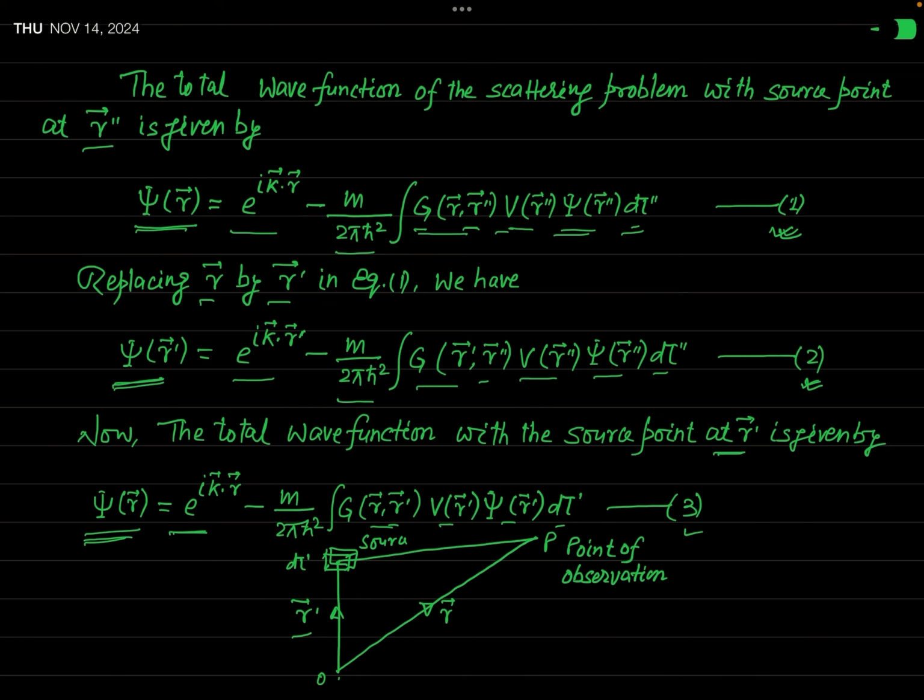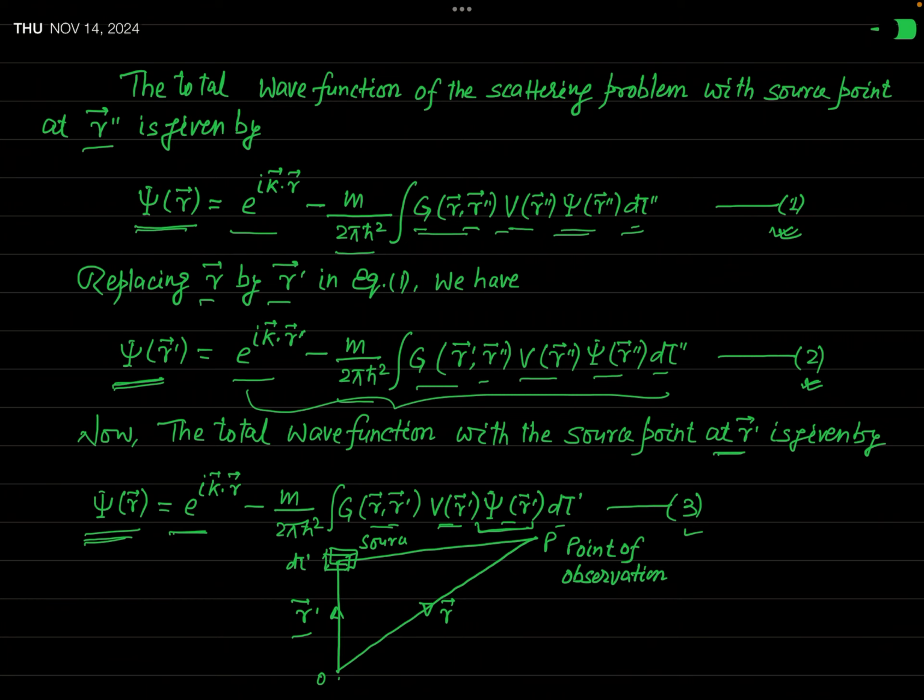And in the second term there will be m over 2 pi h bar square integral of G of r comma r dashed V of r dashed, but instead of this psi of r dashed you have to write this much, which is the RHS of equation 2.